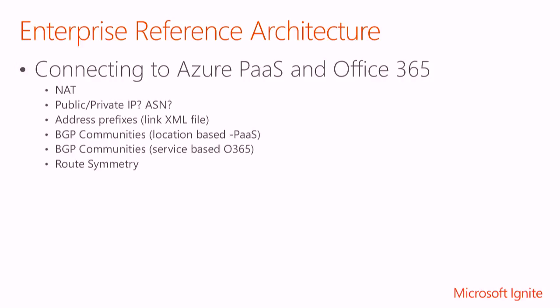That's why we have a public IP requirement. And ASN is another BGP term. You have private ASN and public ASN. To establish the BGP session, because it's going to be a public IP, you need a public ASN. So whenever you want connectivity to PaaS or Office 365, you need public IP and public ASN numbers.